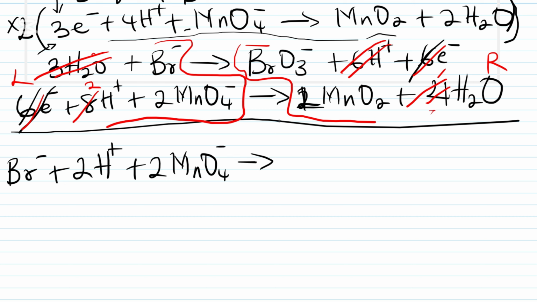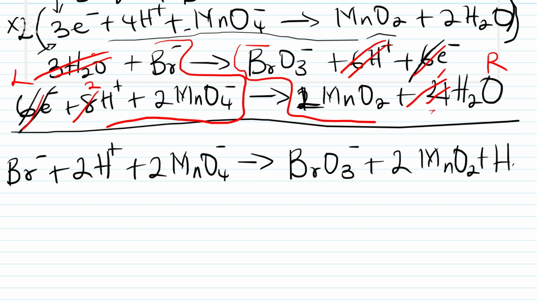Let's begin from the BrO3 minus. Here we have BrO3 minus. What next? Plus 2MnO2, plus what's remaining here is H2O. We write our H2O. At this point, it is balanced in acidic solution, right?